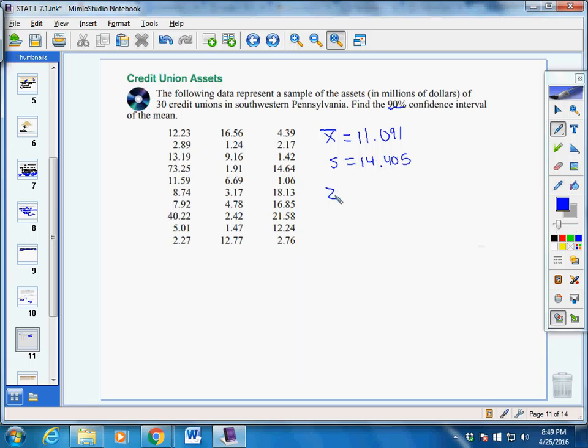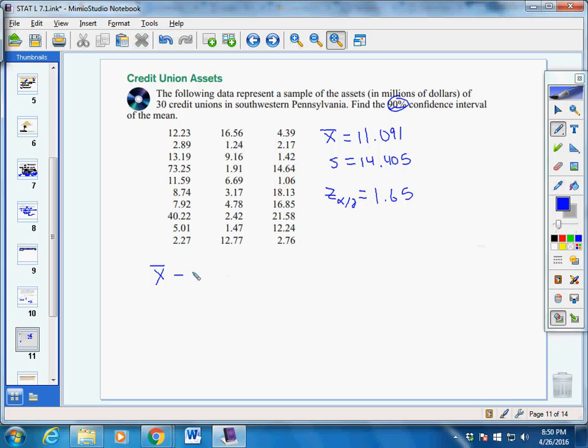Now, our z sub alpha over 2 is based on our 90% confidence level. If you go back to the confidence levels and the numbers attached to them that we just looked at, you can see that 90% is at 1.65. Once you identify all these numbers, here's your formula.